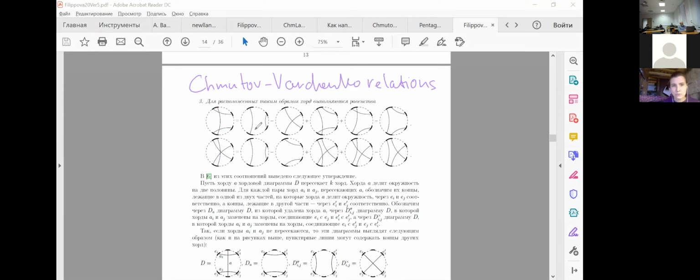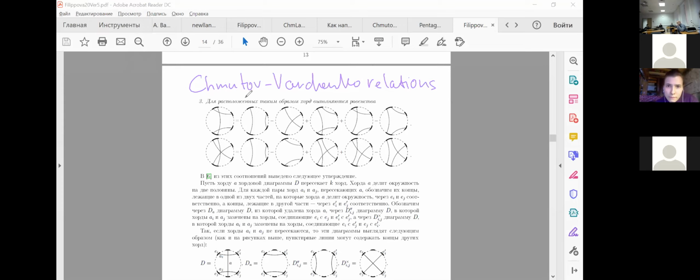Zoom in? Yes, try to see. Maybe I may zoom here.